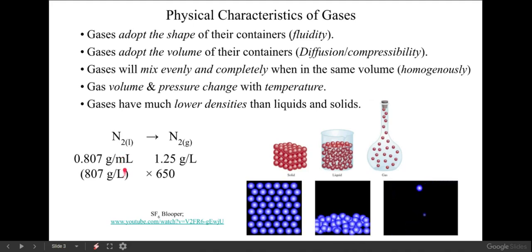But if you were to allow it to vaporize, it would expand and take up 650 times as much space. So the density is much lower. Normally you report density in grams per milliliter, but for gases it'll be in grams per liter, because of how small it is.